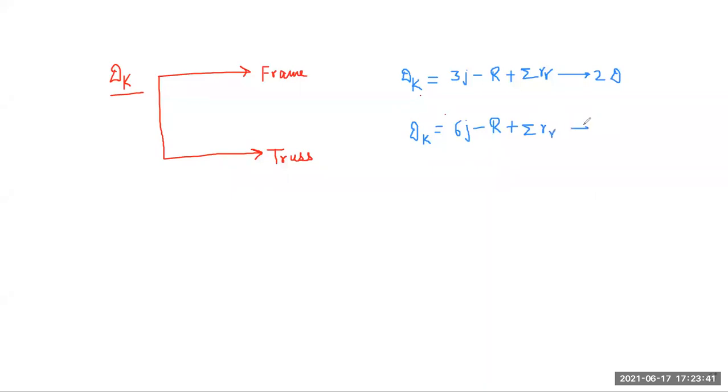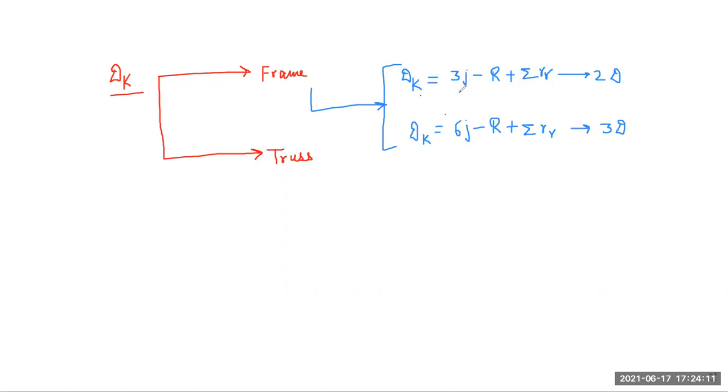This is the case valid for your rigid jointed frame in a 3D structure. Okay, both cases are valid for your frame. So just remember this formula: for 2D, DK is equal to 3j minus r plus summation of release forces. For 3D, DK is equal to 6j minus r plus summation of release reactions.